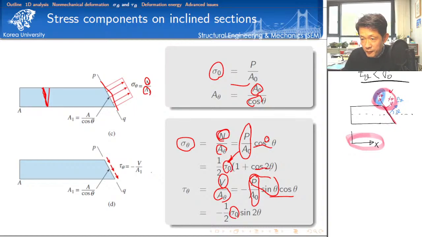And then I have information on trigonometric functions. By the way, make sure you understand why we have the minus sign here, because the direction of traction is opposite to the default direction of my coordinate. Look at this. The default direction of my positive shear stress is given by y theta here, okay?